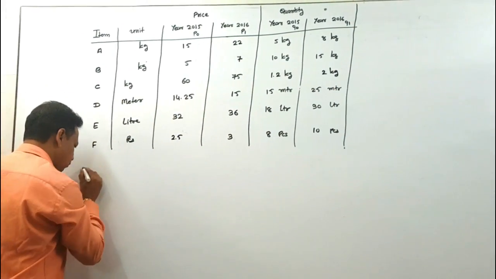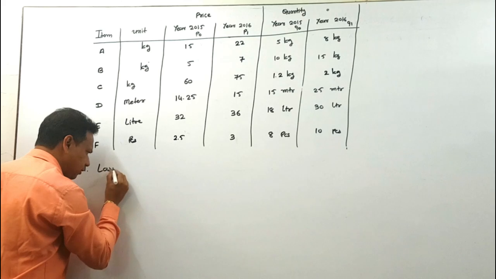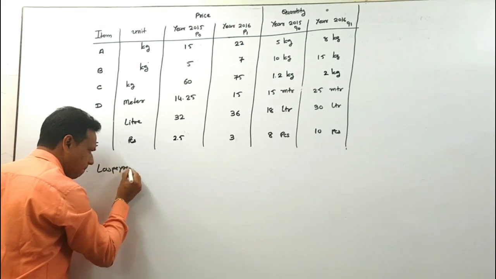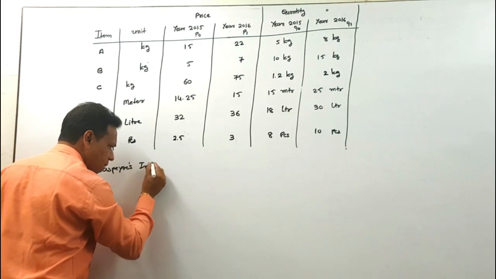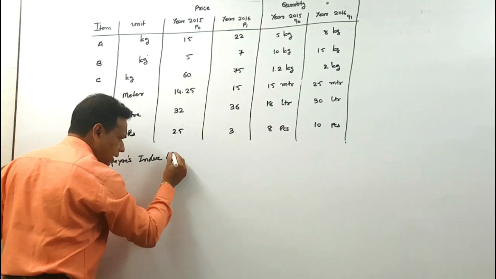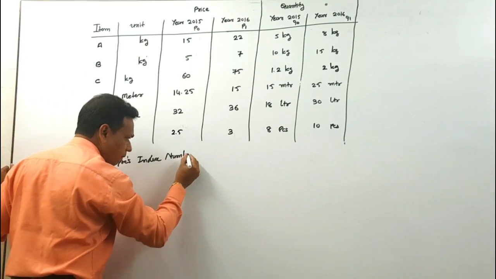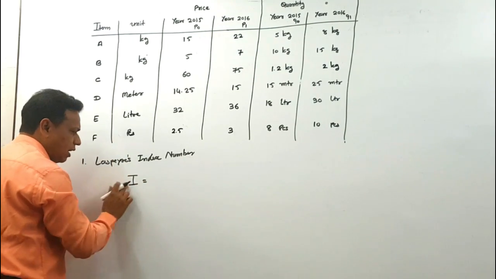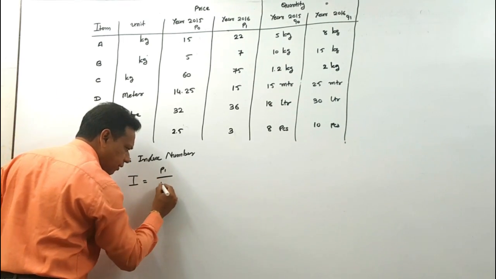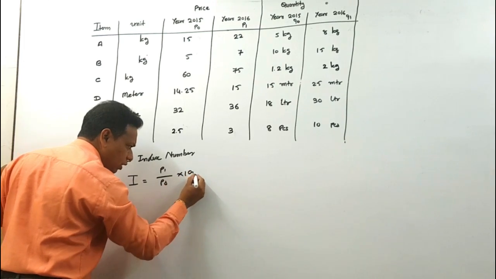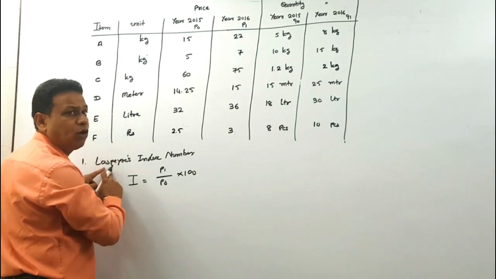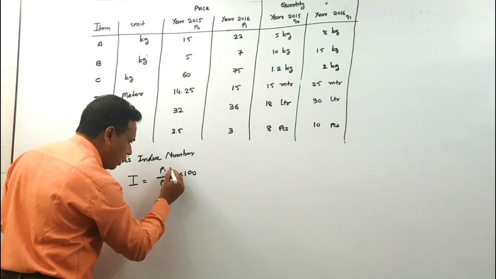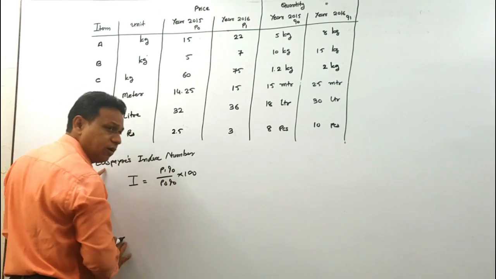One by one. First is Laspeyres index number. So remember your original formula: I is equal to P1 by P0 into 100. Laspeyres gives importance to the quantity of the base year, so I have to introduce Q0 over here.